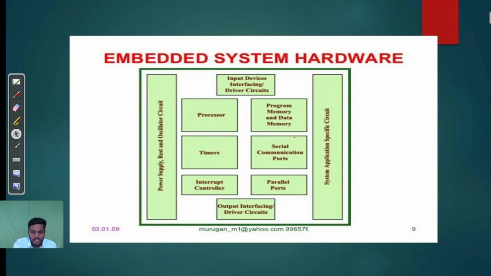Output driver circuits will be, yeah, graphics based outputs. These processors also require a power supply, reset pins and an oscillator to increase the speed of the particular operation. It's a slow processing operation.